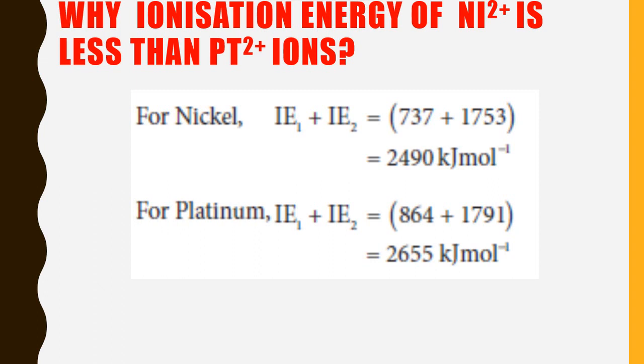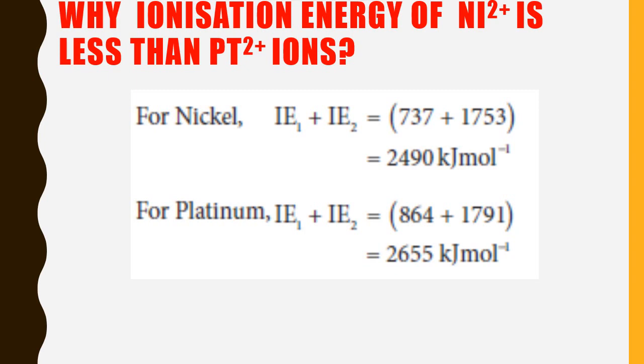In platinum, when we remove the two electrons, IE1 and IE2, the total energy is 2655 kilojoule per mole. Actually, in the periodic table, top to bottom, ionization energy should decrease. Left to right increases, top to bottom decreases.